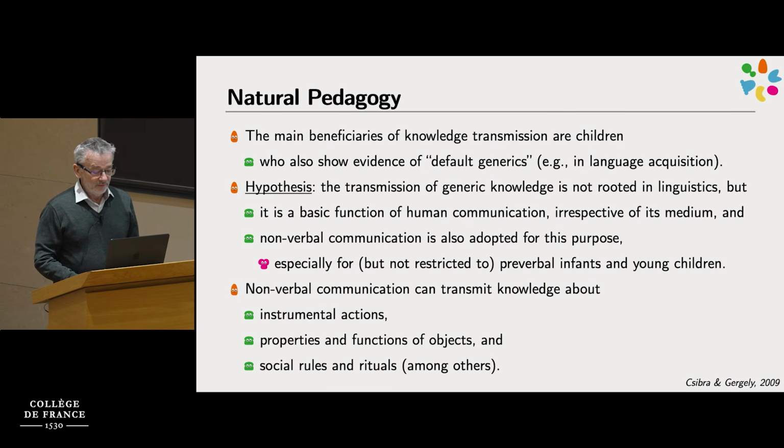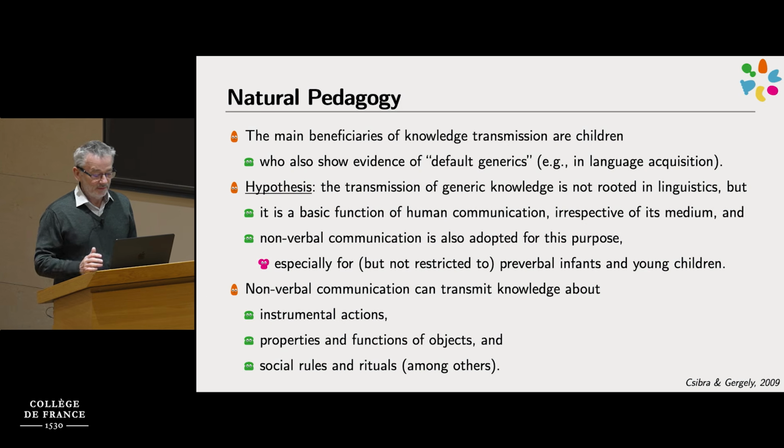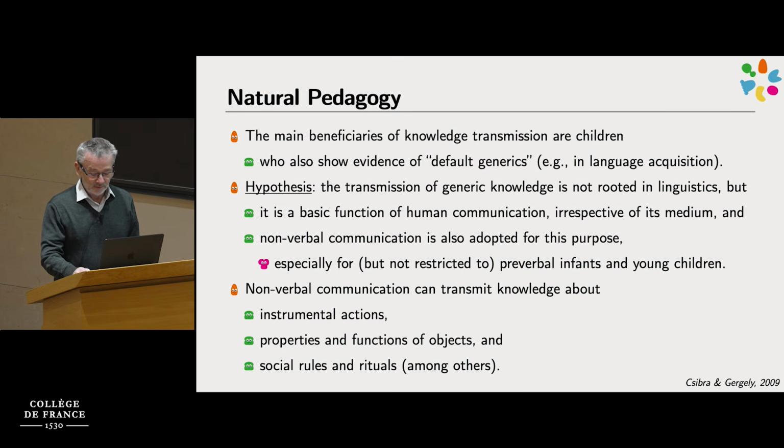So what kind of information can you transmit by nonverbal communication? You can transmit instrumental actions, know-how, how to do things. You can transmit information about properties and functions of objects, and also social rules and rituals, among others. There are other kinds of things as well, but these are the most important ones.